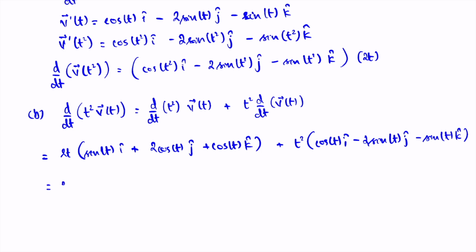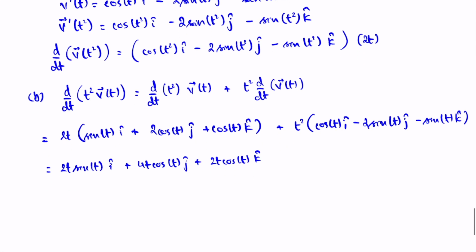So you get 2t times sine of t i plus 4t times cosine of t j plus 2t cosine of t k plus t squared times cosine of t i minus 2t squared times sine of t j minus t squared times sine of t k.